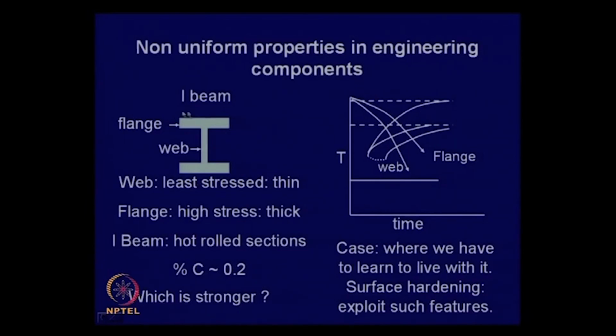This rolling is done at quite a high temperature. The steel is at maybe around 1200 to 1100 degrees centigrade. It is rolled into this section, and after that it is air cooled.